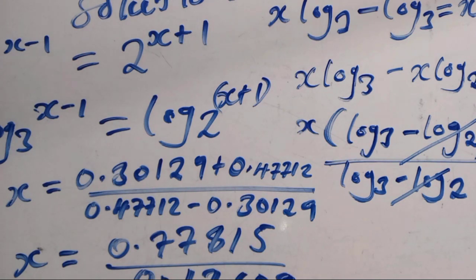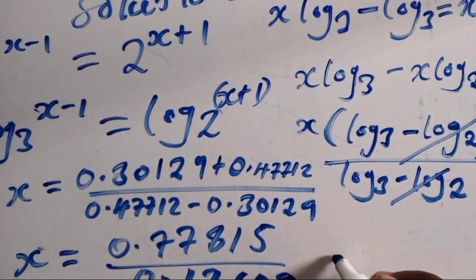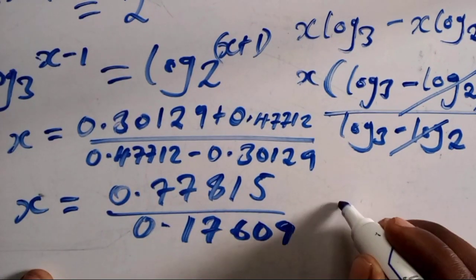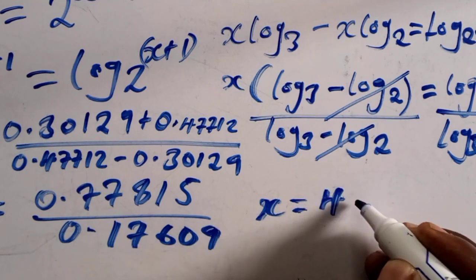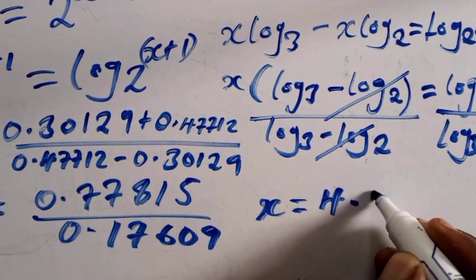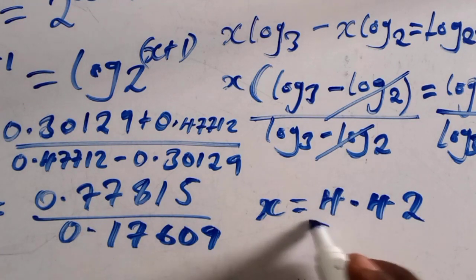So if you divide this value 0.77815 by 0.17609, the value which you are going to get for x is x equals 4.42. So this is our value for x.